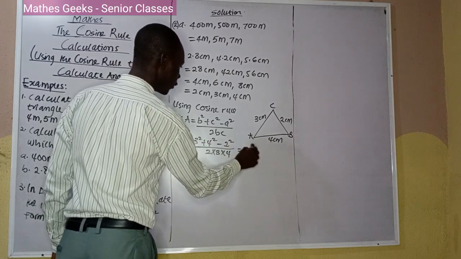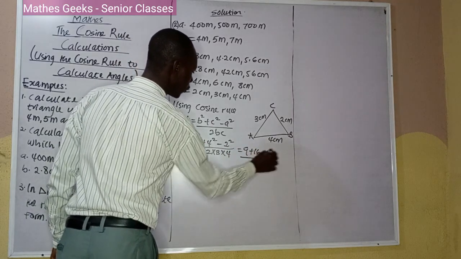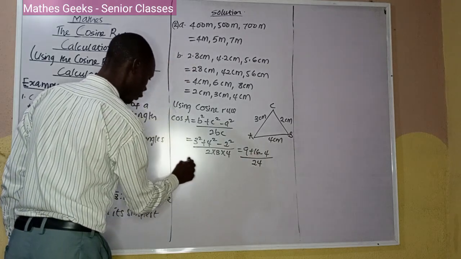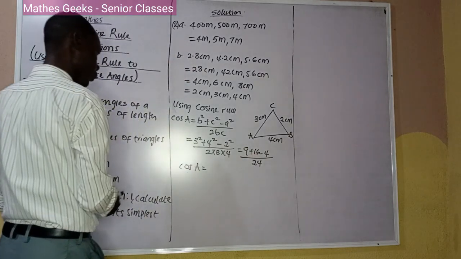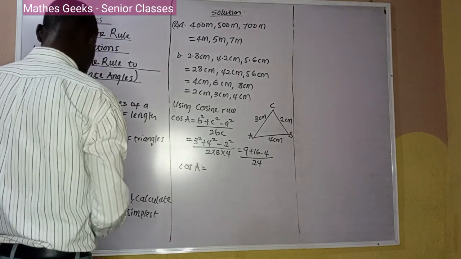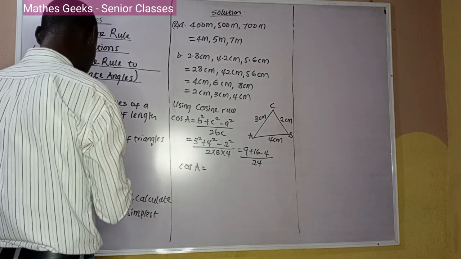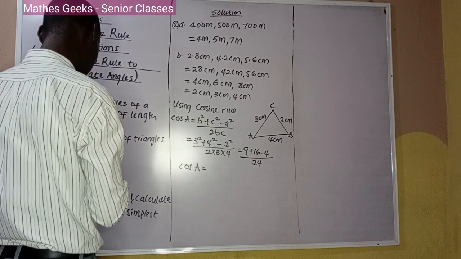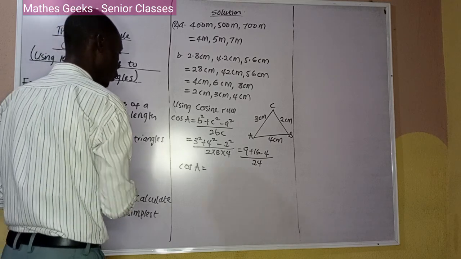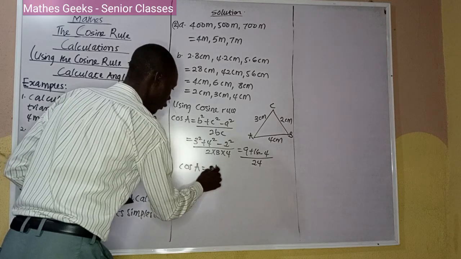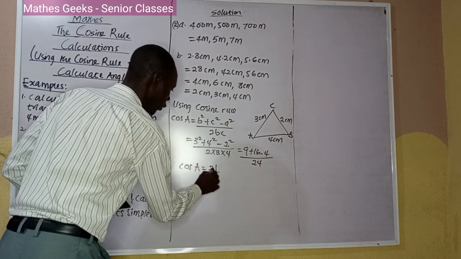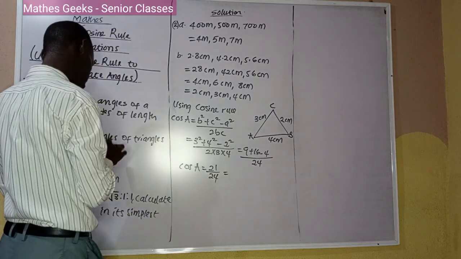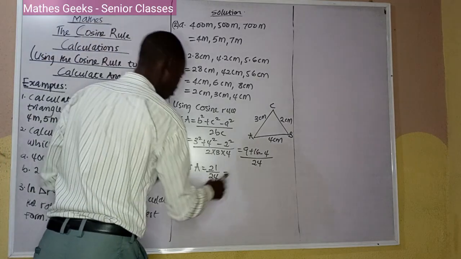So 9 plus 16 minus 4 over 24. 9 plus 16 is 25, 25 minus 4 is 21, so 21 over 24, which is 0.875.